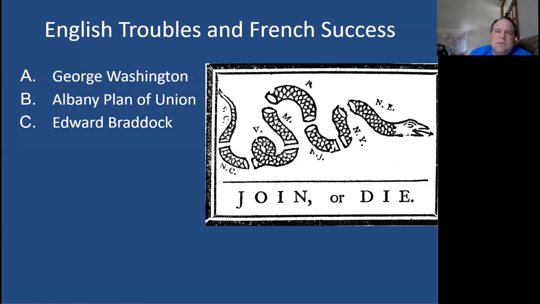But Braddock is a professional English soldier, and he really had little regard for the English colonists. You know, he didn't think of those colonists as really his equal. Certainly, just because you're part of a militia does not make you equal to the professional English soldiers. And he had much less regard for Native Americans.